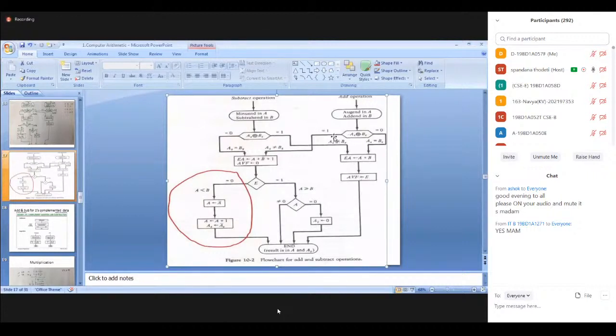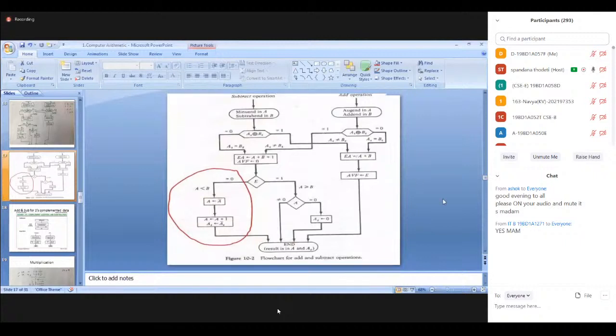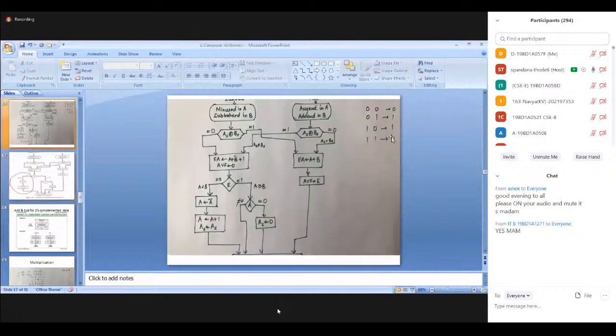Now coming to this second case. Here the XOR of AS and BS is equal to 1. The output of the XOR operation is 1 whenever the input is 0, 1 or 1, 0.